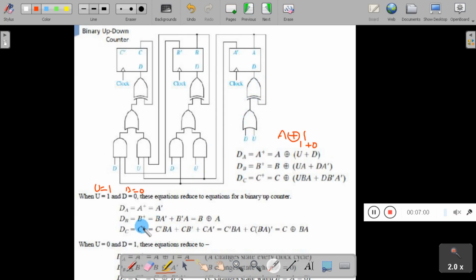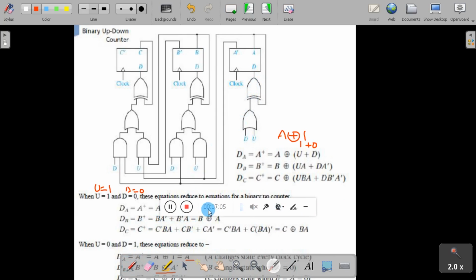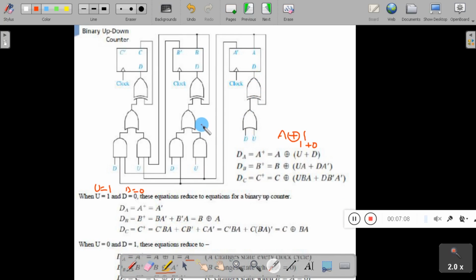Now DB is nothing but B exclusive OR with UA plus DA bar. So let me take an exclusive OR gate. One input to the gate is B. The other input to this exclusive OR gate is the combination of UA and DA bar.